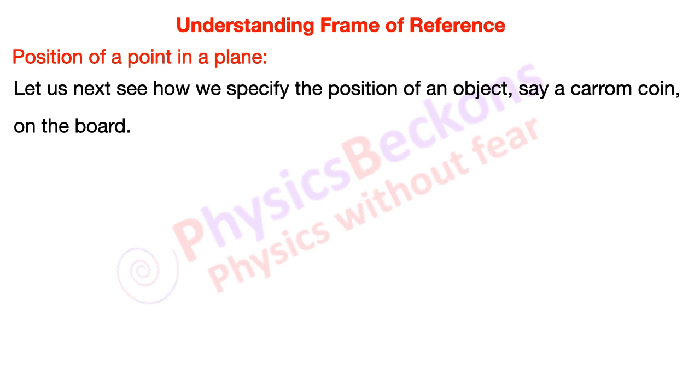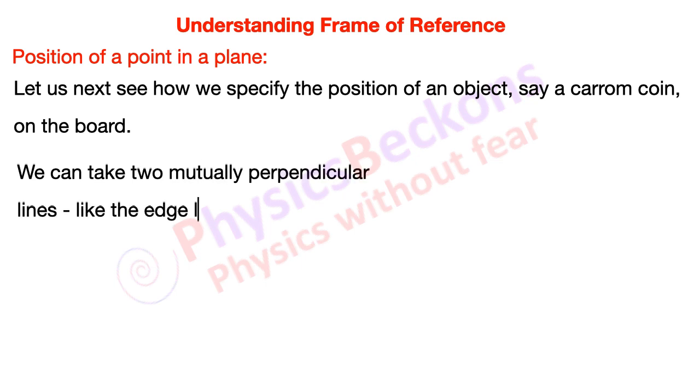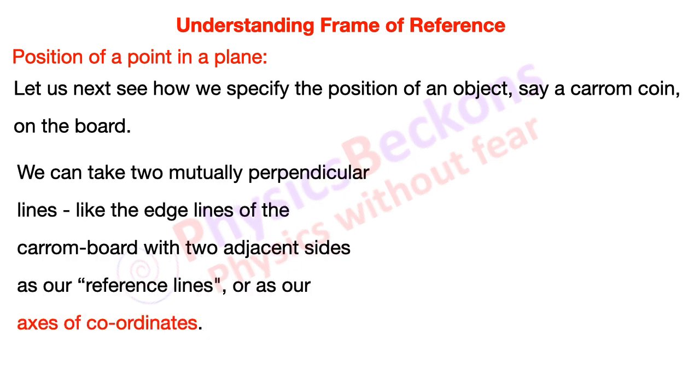Extending it to a point in plane, let us see, supposing we want to specify position of a carom coin on the carom board. For the purpose, we take two mutually perpendicular lines, like the edge lines of the carom board, with two adjacent sides as our reference lines or as our axis of coordinates.